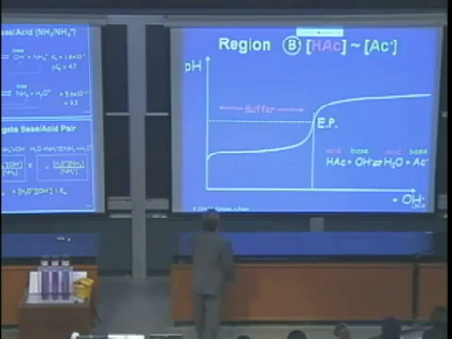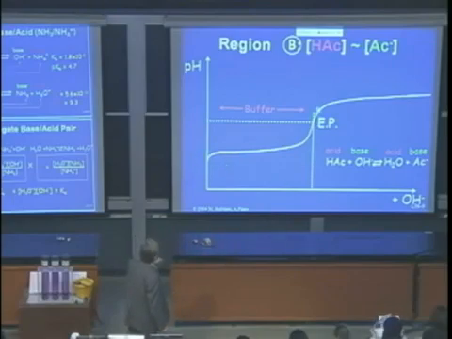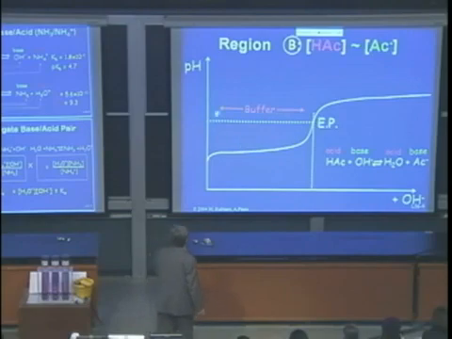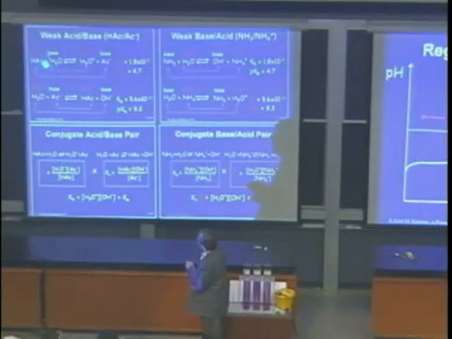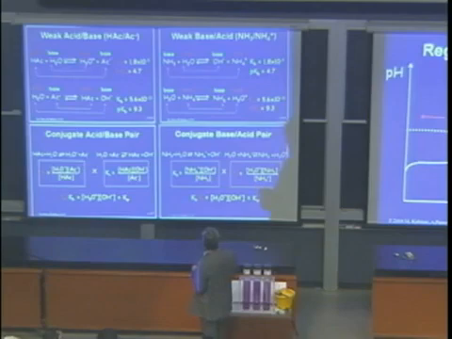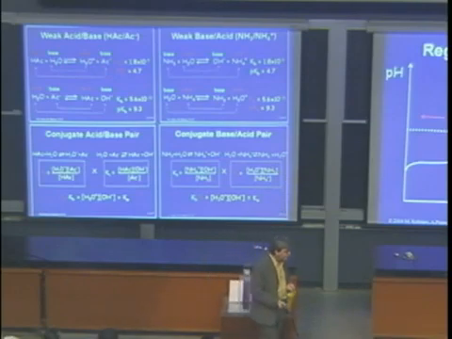All right, this was region C, so we talked about region A, that was the initial pH, then the equivalence point. Now region B is the buffer region. If you look at this equation, we're talking about acetic acid, and we titrate this with OH minus, okay?